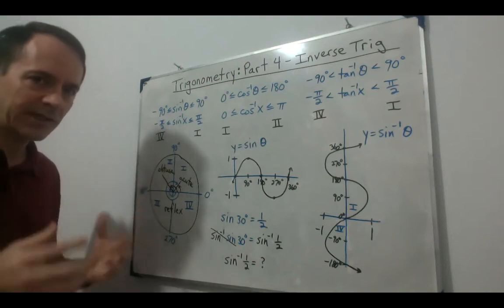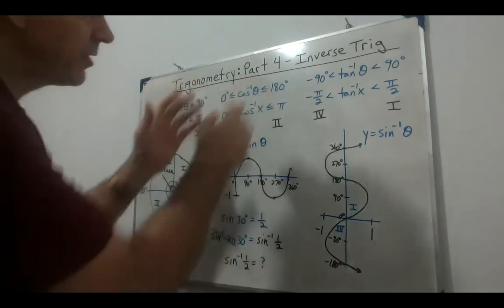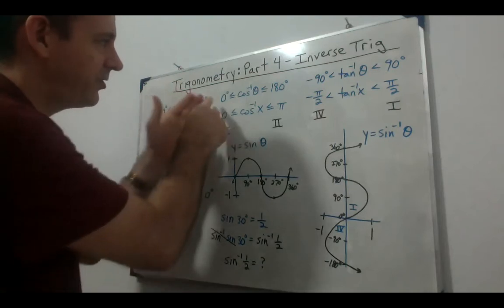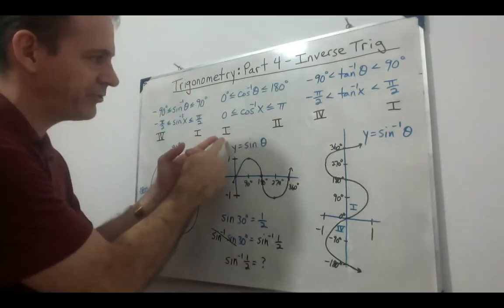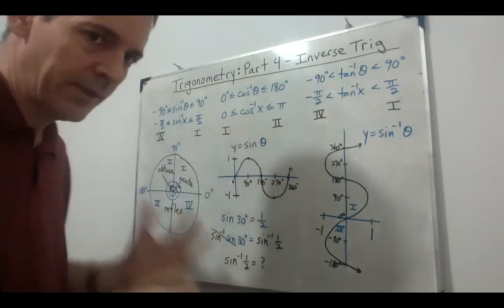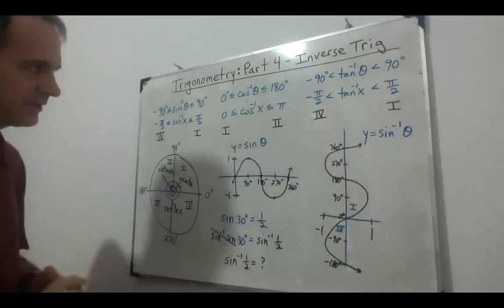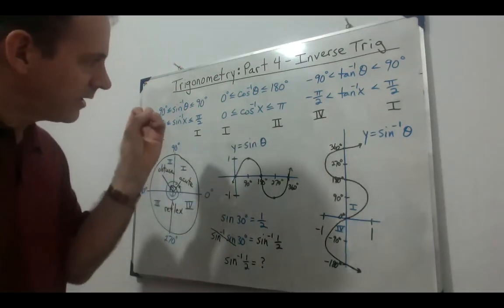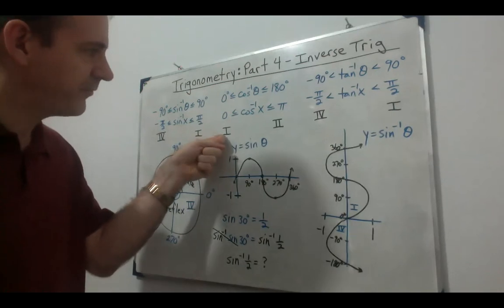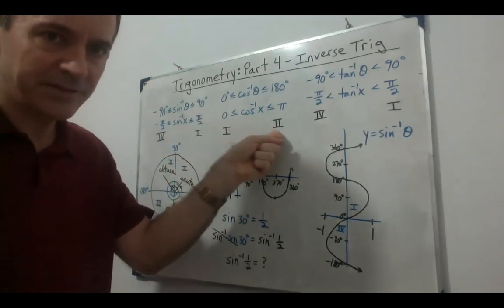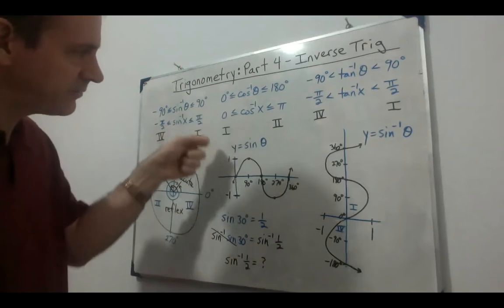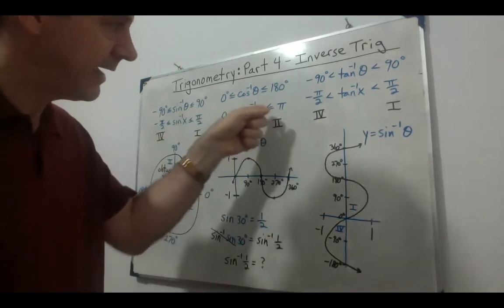That's what we want to look at a little bit. Then with cosine, we see 0 to 180, so we have a first quadrant and second quadrant. Again, with all students take calculus, cosine is positive in the first, negative in the second. So again, we have one positive quadrant, one negative quadrant.